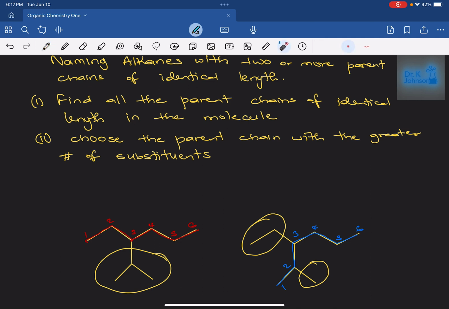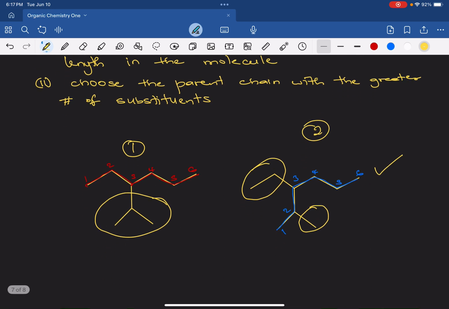They are bonded to carbons that are part of the longest chain. So your substituents, don't forget, are not part of the longest chain. They're bonded to carbons that make up the longest chain. So we would name this molecule using the blue longest chain, this one, because over here, with red, we only have one substituent. Our longest chain in blue has two substituents.